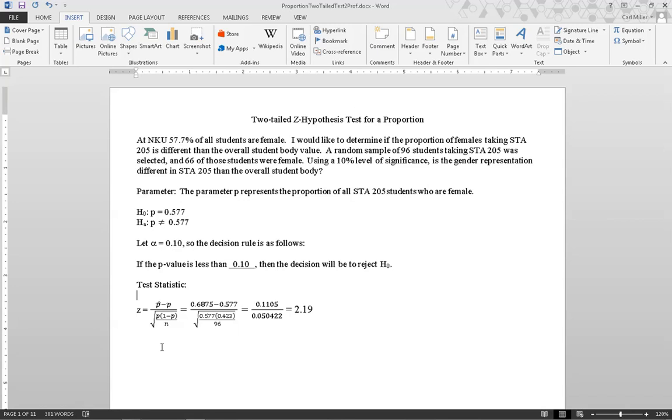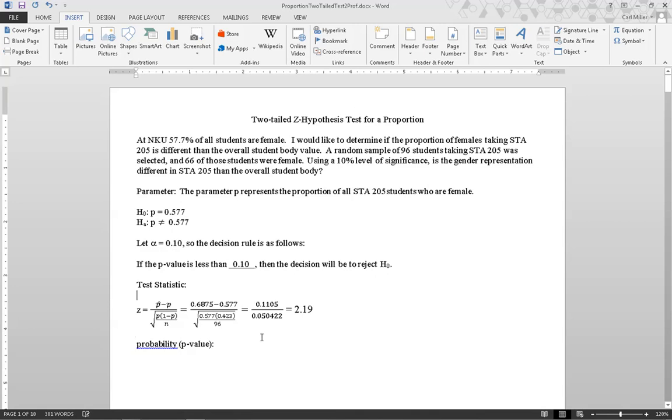When you calculate that out, you get 0.1105 for the numerator and 0.050422 for the denominator. That fraction can be calculated out to give you the z-score of 2.19.